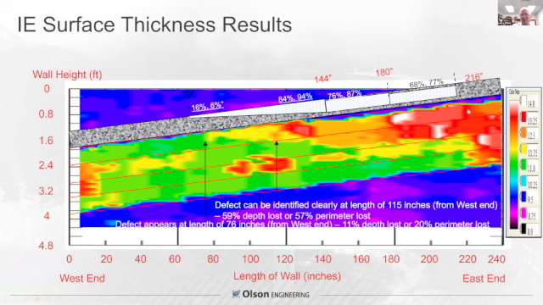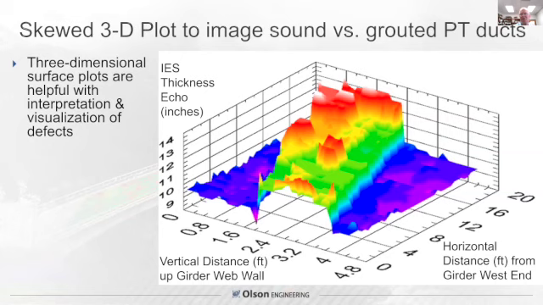So it correlated well. You can take all of the data and skew it in a 3D view where this is the thickness of the echo from 9 to 14 inches. This is the top duct we were just looking at, the second, the third, and the fourth, which is supposed to be well grouted. At the ends, we had trouble getting good grouting because that's where the grout emerged from inside of the ducts. But this is the 20-foot length.